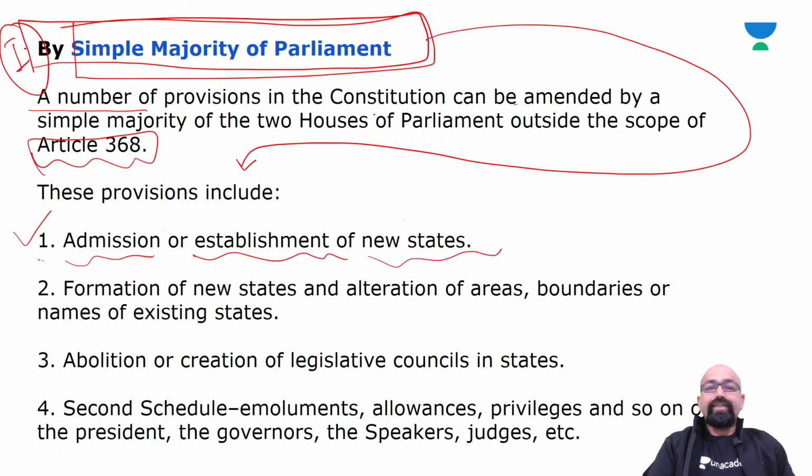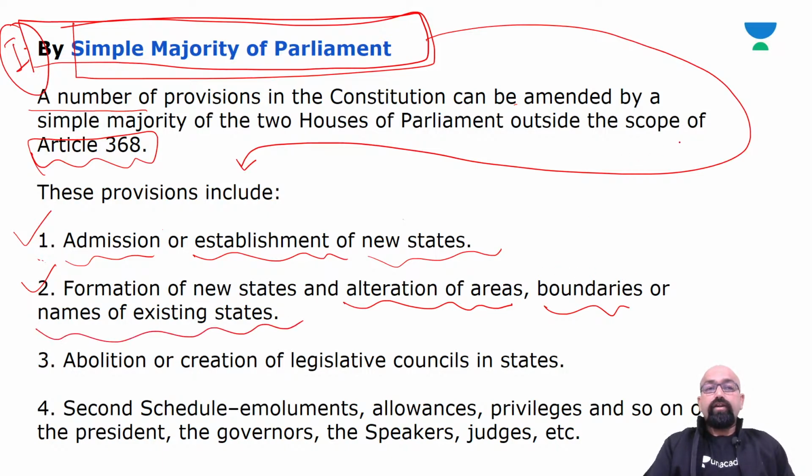Under article 368, a simple majority of Parliament can amend provisions like admission or establishment of new states in our Indian territory. With this provision of simple majority of Parliament, we can admit or establish new states. Next provision, formation of new states and alteration of areas, boundaries or names of existing states.